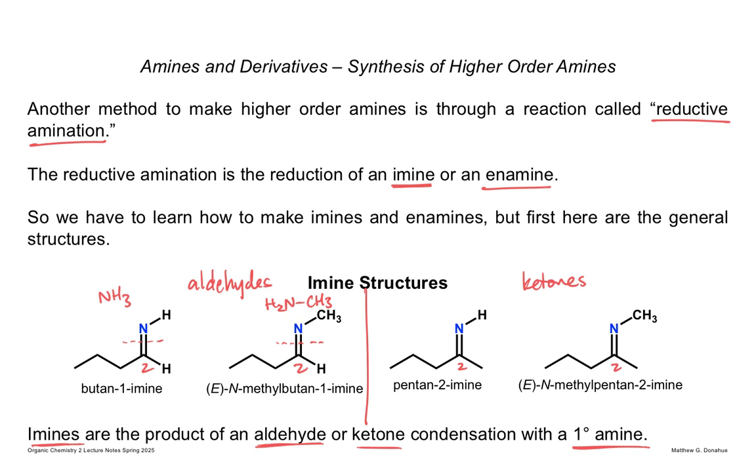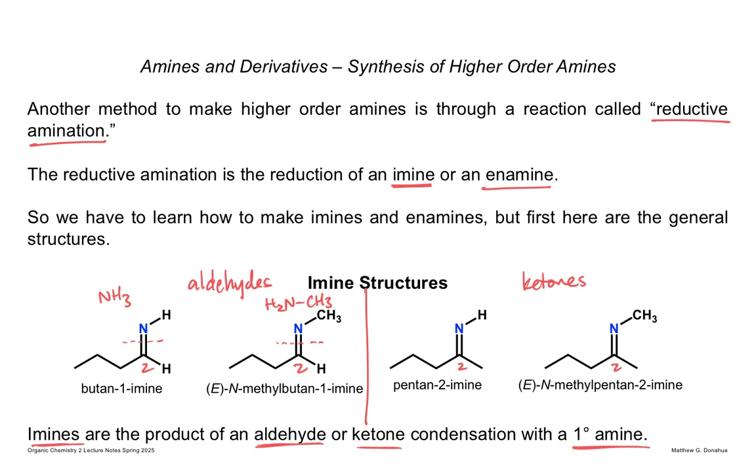Now thinking forward, a secondary amine only has one hydrogen. So the question is, if you're producing water as the condensation byproduct, where does that other hydrogen come from? So that's why we have these two classes, enamine.